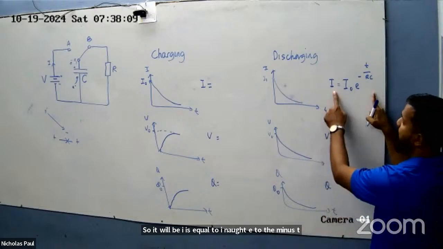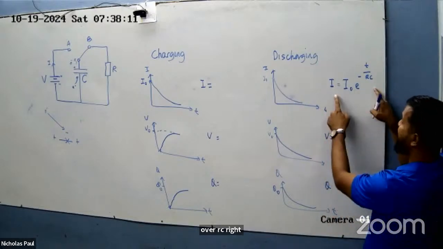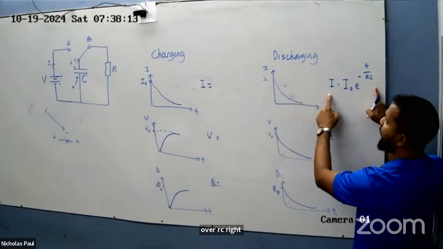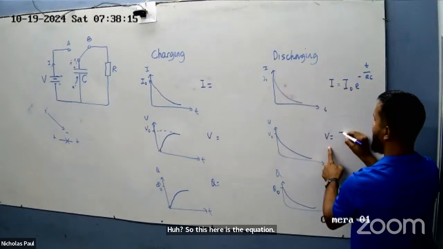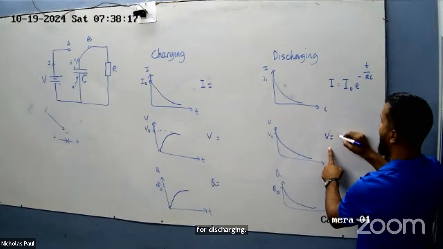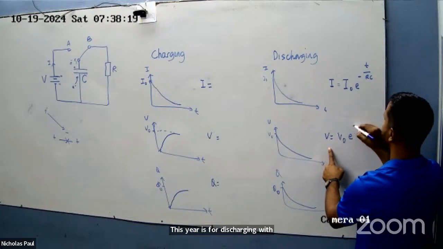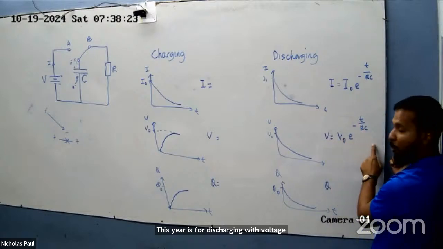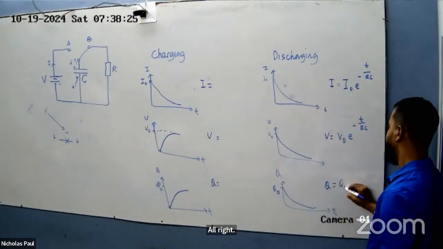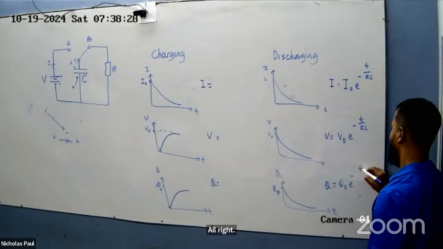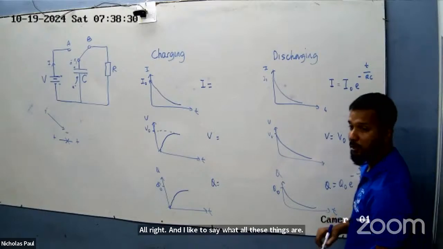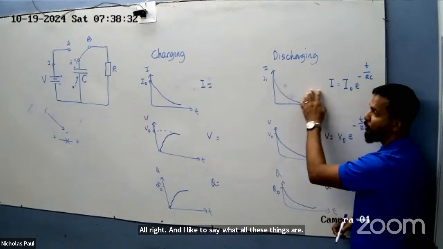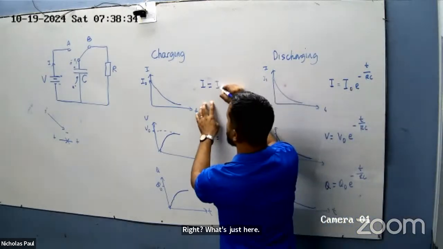So this here is the equation for discharging, and this here is for discharging with voltage. T is time, and I'll explain what all these things are. 1, 2, 3, and 4 are the same formula.